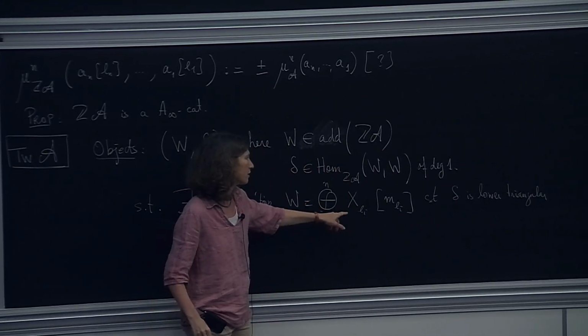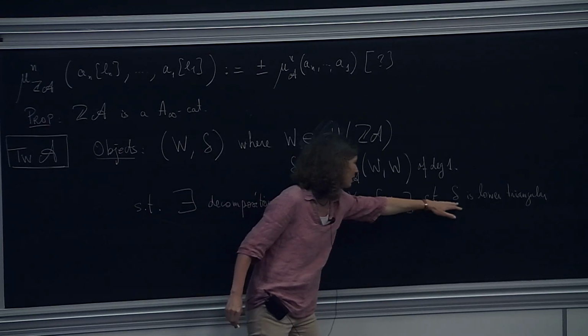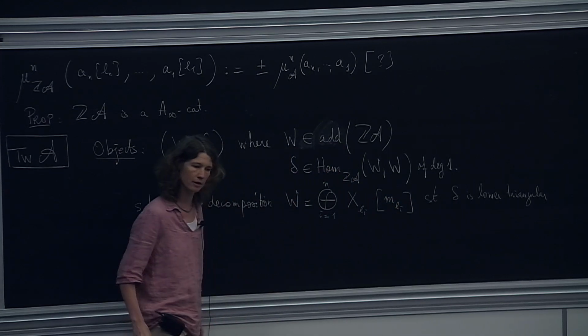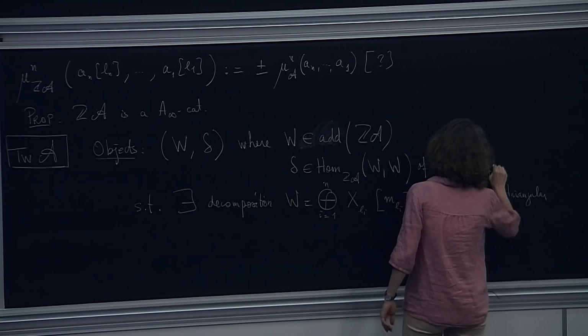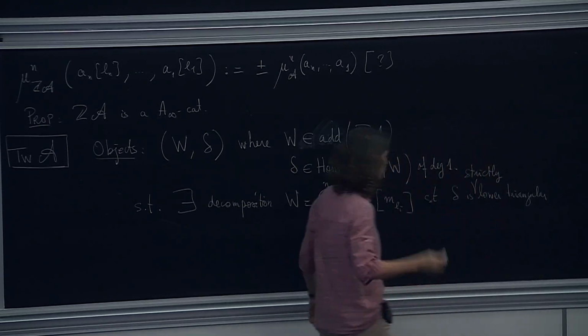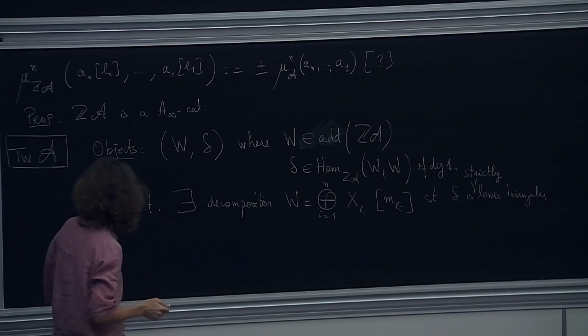You will see in an example what it means, but I see delta as a matrix, and this matrix should be strictly lower triangular or upper triangular, as you want.